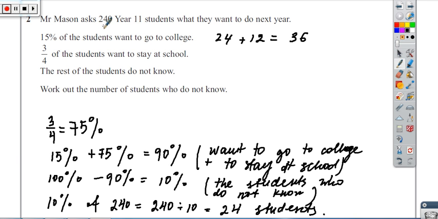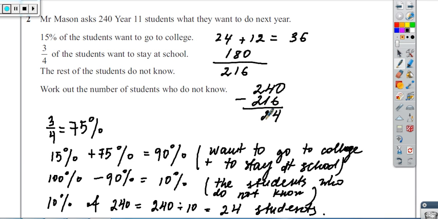For 3/4 of the students who want to stay at school, you divide by 4: 240 divided by 4 is 60, times 3 is 180. Okay, you added the numbers together, 180 plus 36 is 216, and you subtract it from 240, and you've got 24. Right, the same answer.